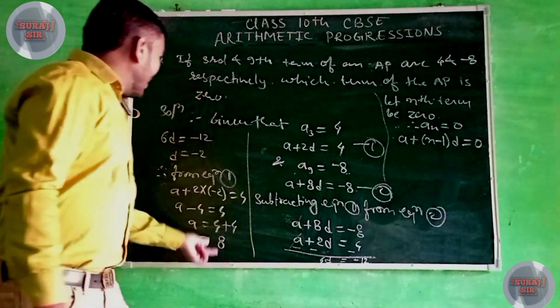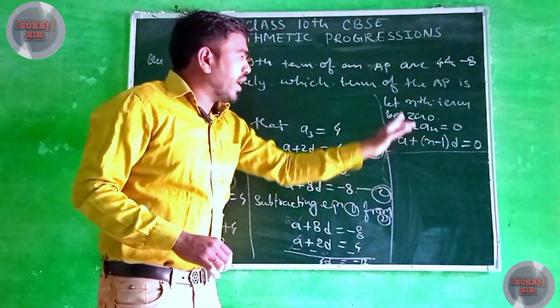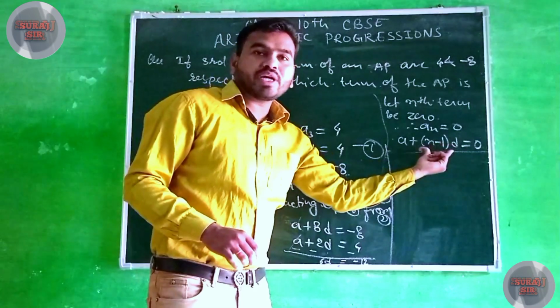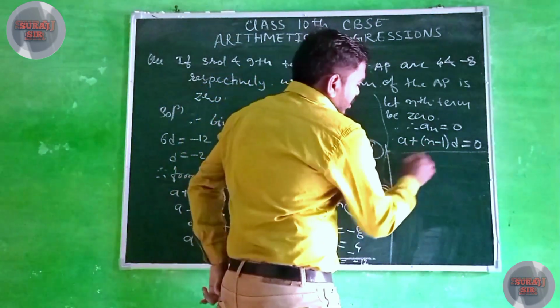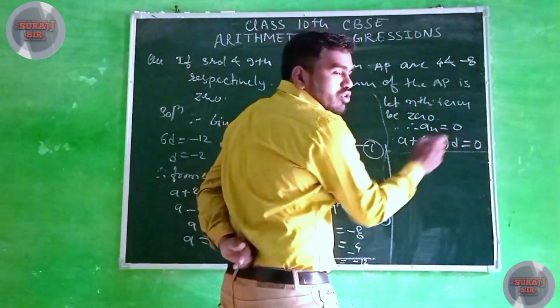A is 8 and D is minus 2. So nth term be 0. We assumed the nth term be 0. Therefore, we know that nth term is A plus n minus 1 into D is equal to 0.